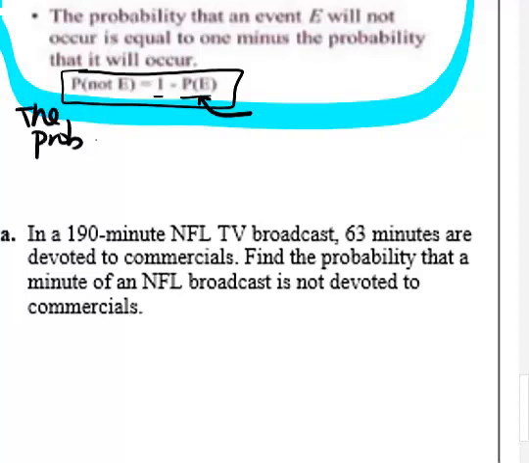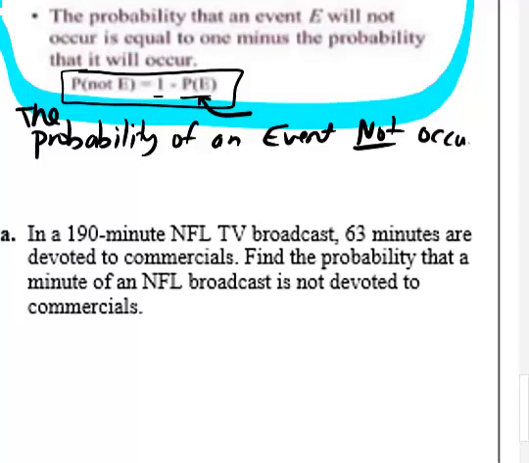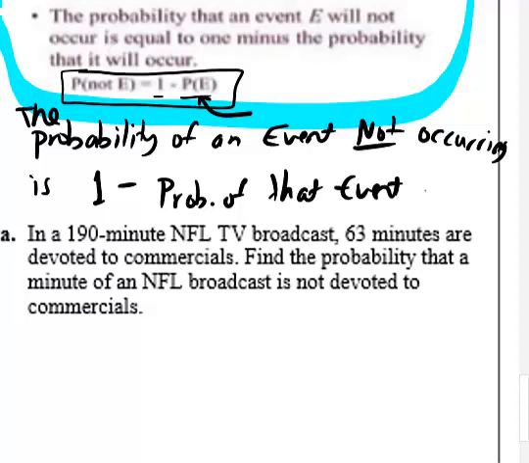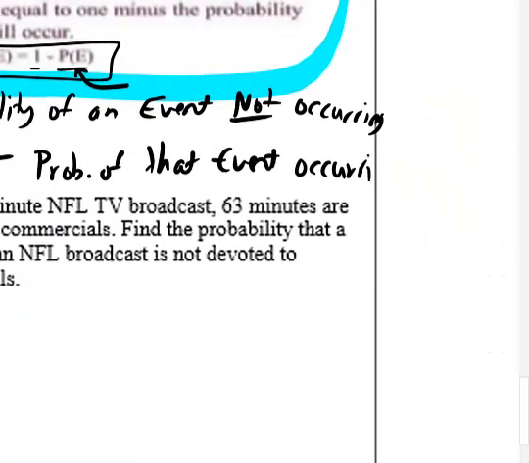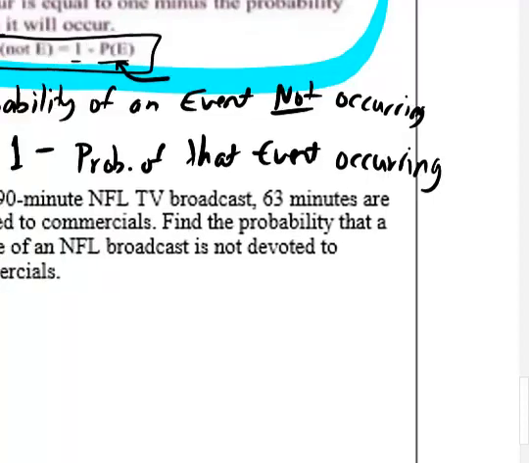The probability of an event not occurring is 1 minus the probability of that event occurring. And you'll see people use this little formula, especially when the probability of the event actually occurring is easier to calculate than the probability of it not occurring.